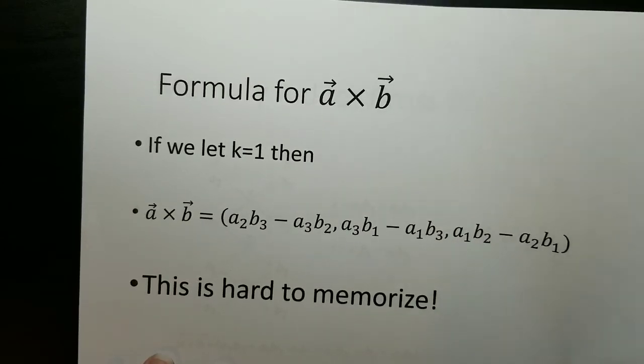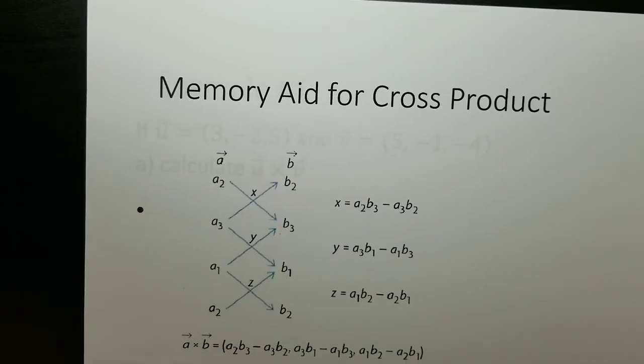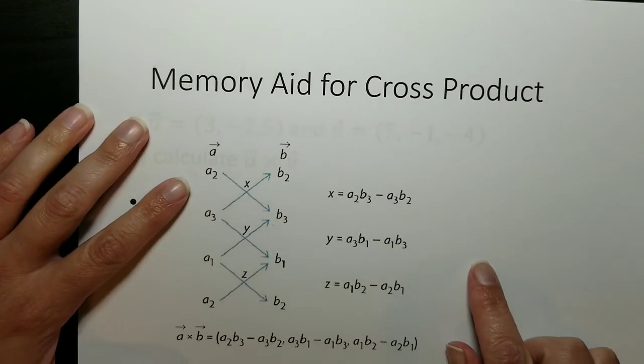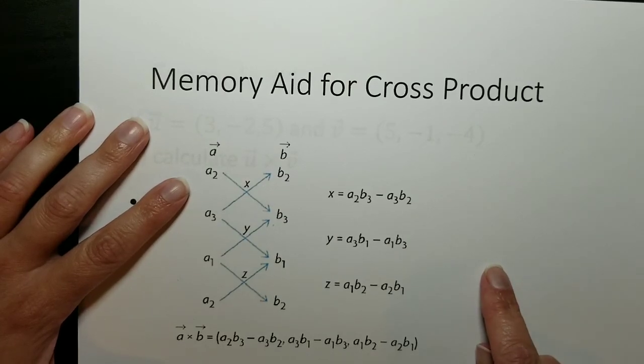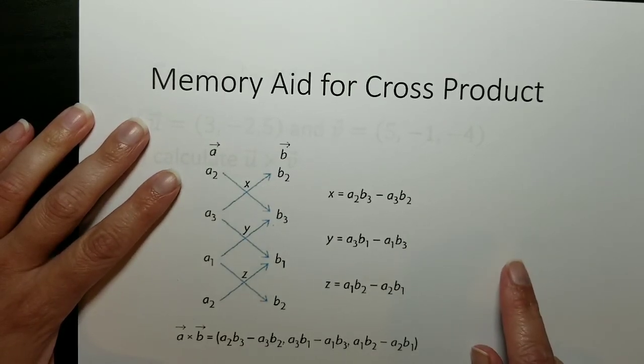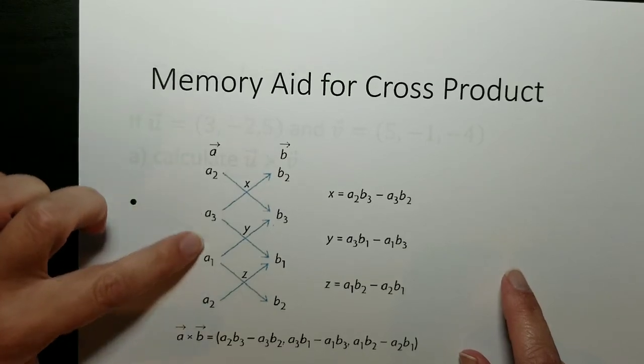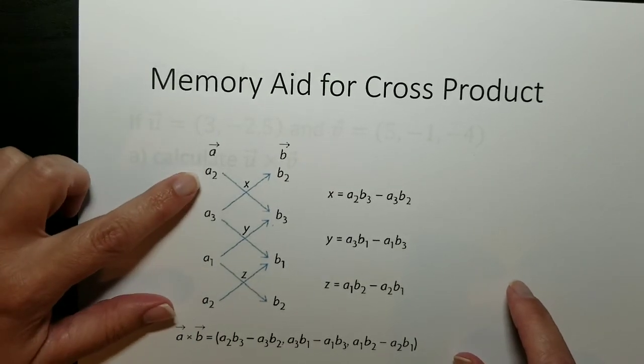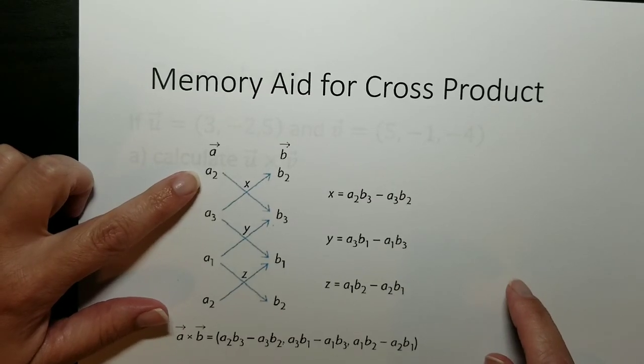There's a diagram of this on the next slide, but I sometimes feel like the diagram looks harder with these generic variables.